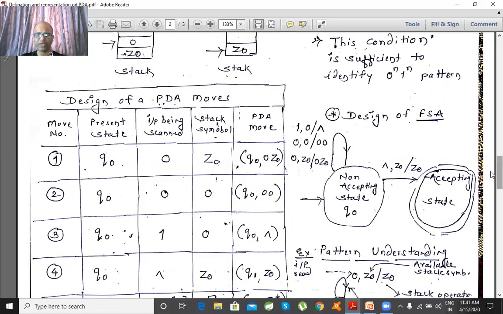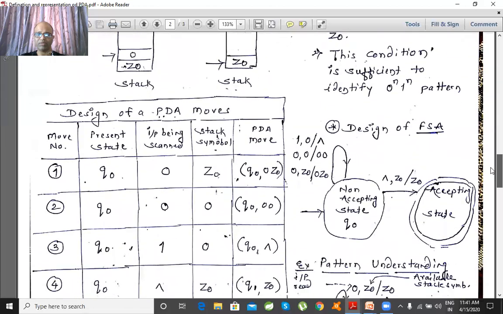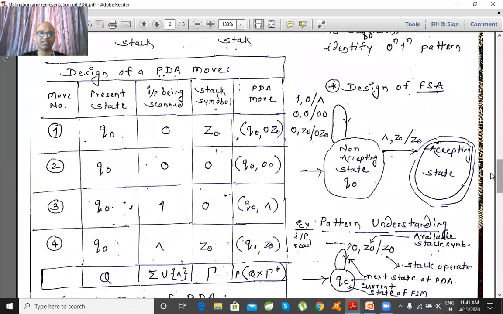Now if you check the first element itself, when we begin, this is my element 0 on input. At that time Z0 is on top of the stack. Except for this, nothing will be available. So we can think about how the string starts.